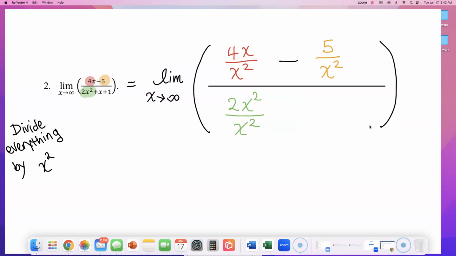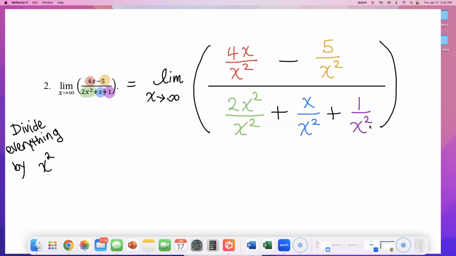Keep going. I need a plus sign. And what's next? There used to be x. So I'm going to say x over x squared. And lastly, plus, it was what? Just 1. So I'll say 1 over x squared.